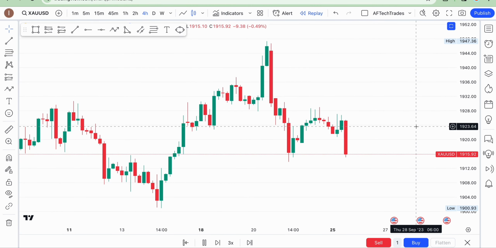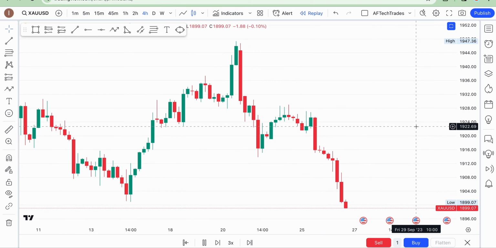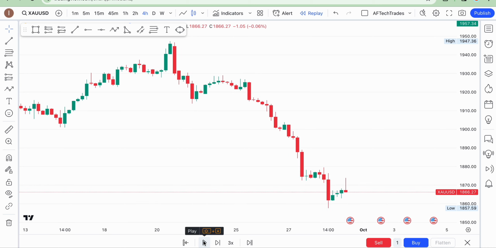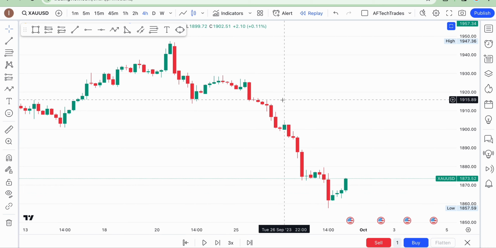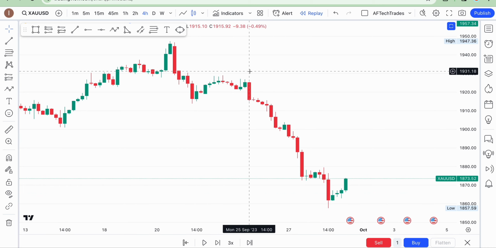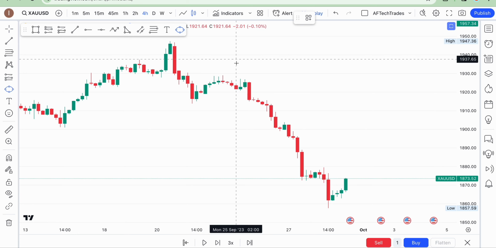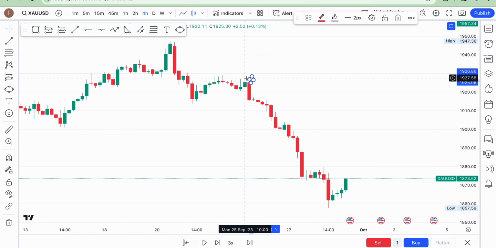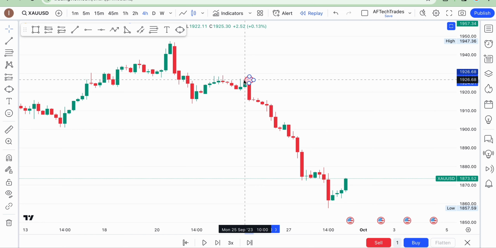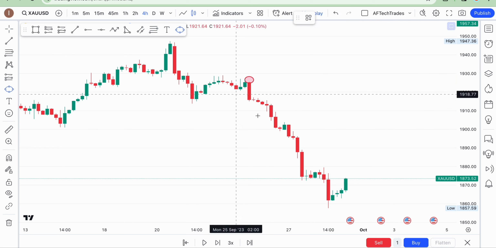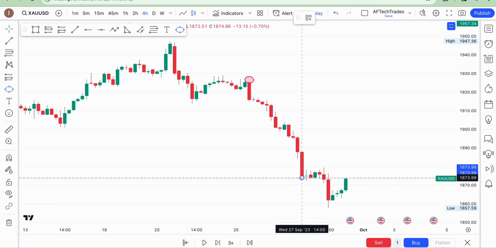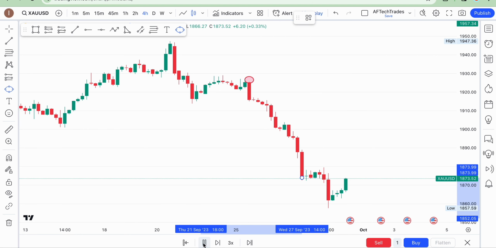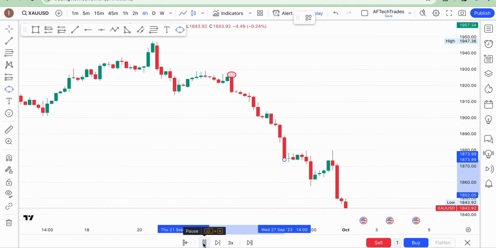So let's say the market is in a downtrend, right? You can see it's forming a lower low and a lower high, right? You can see it here. There's a lower low here. It forms a lower low here, a lower high here, right? And a lower low. You can see it's forming a lower low and a lower high.